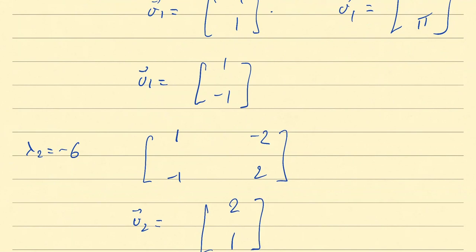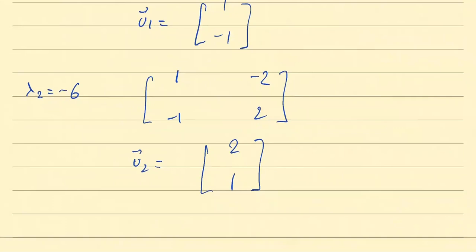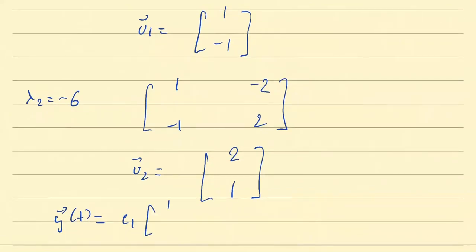Okay, so the final answer is y of t is C1 times (1, -1) e to the minus 3t, plus C2 times (2, 1) e to the minus 6t. Any question?